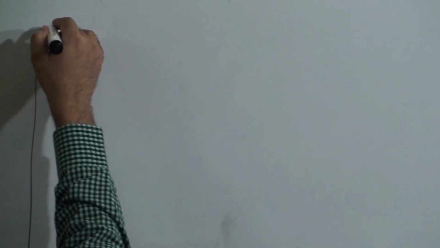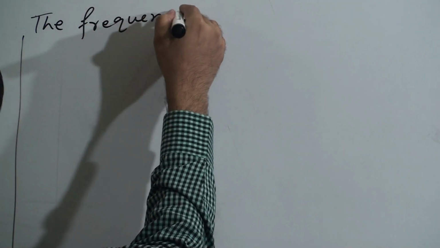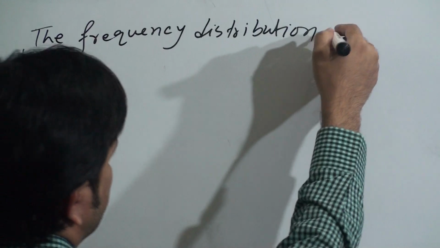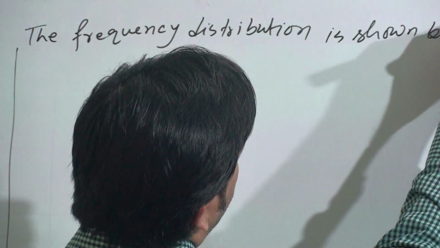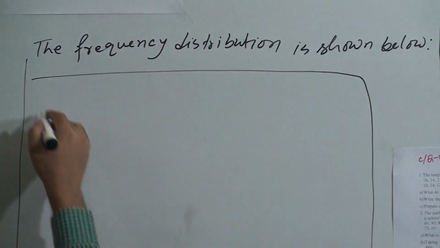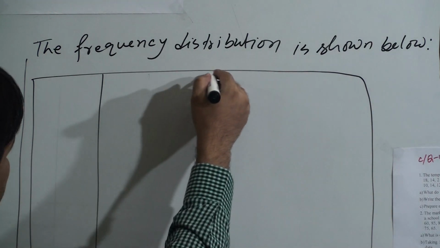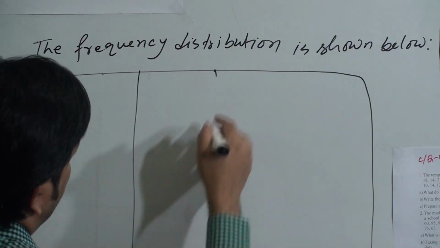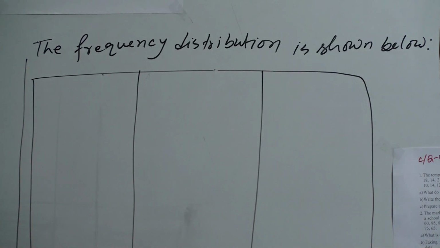We can write here the frequency distribution table, as shown below. So we may prepare a table here. We need one column for class interval, one column for tally marks, and one column for frequency.